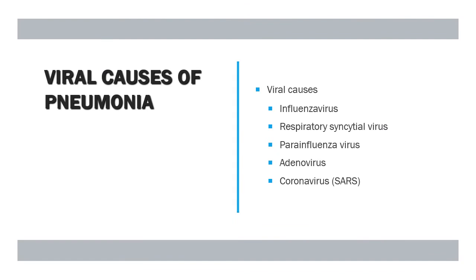Some of the viruses include influenza virus, respiratory syncytial virus or RSV, parainfluenza virus, adenovirus, and coronavirus such as in SARS. As we know, COVID-19 is a serious viral cause of pneumonia.